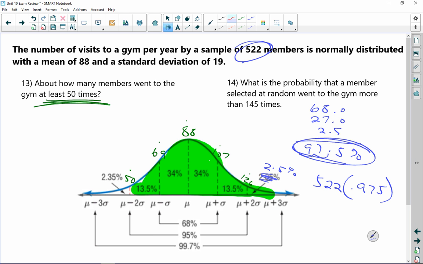Because this counts for 97.5%. 508.95. Okay, so I can say 509 is my actual answer. Right?